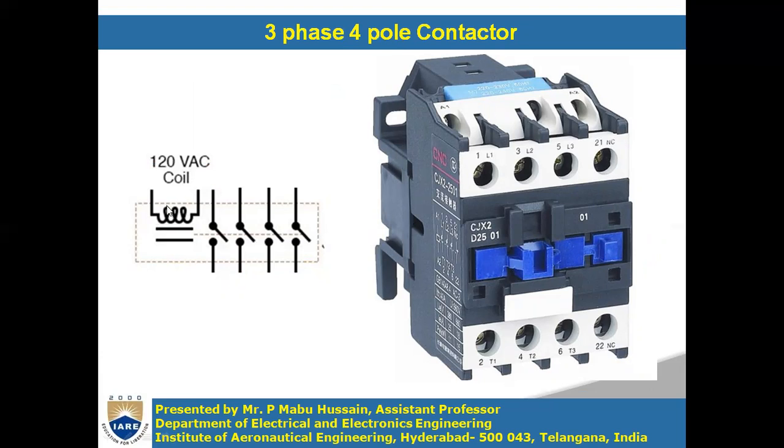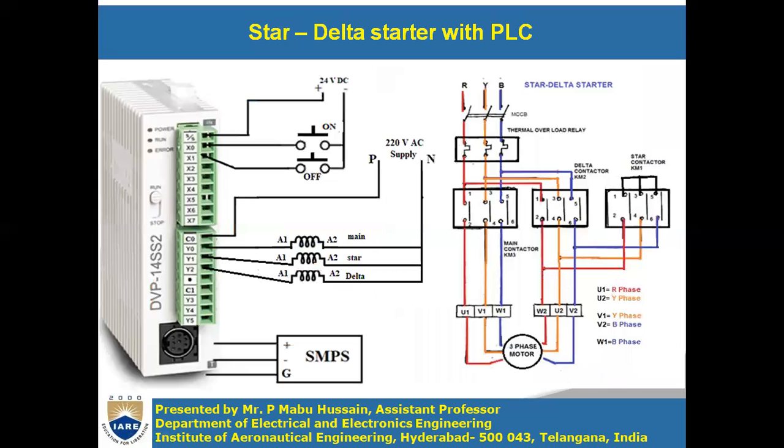Whenever this coil is energized, only then do all these poles close. Out of these 4 poles, we are going to use only 3 poles for the motor, and the other pole will be left open, or not used. As we are using 3 contactors, you will have 3 coils, each contactor having 1 coil.